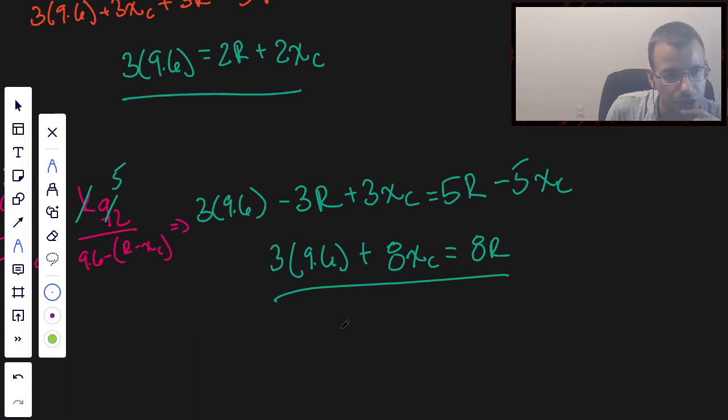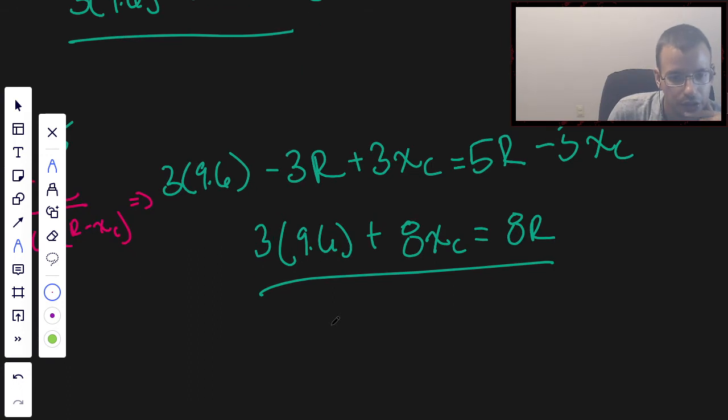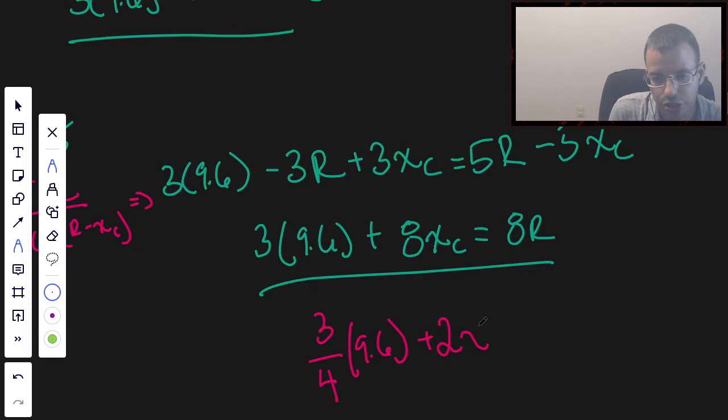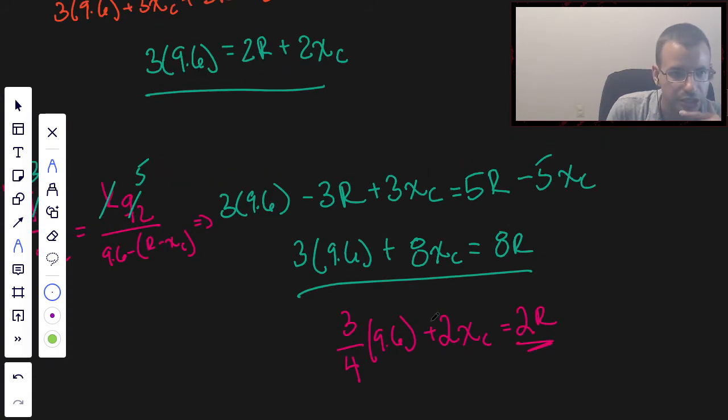So the easiest way to do this, I'm going to divide both sides by 4. So we're going to do 3/4 times 9.6 plus 2xc equals 2r. I just divided both sides by 4. So now you know what 2r is. So we're going to take our 2r up here, plug it in. So we do this, down like that.